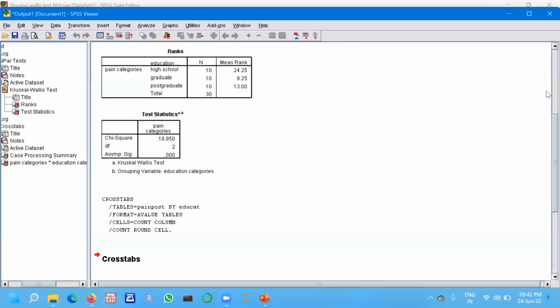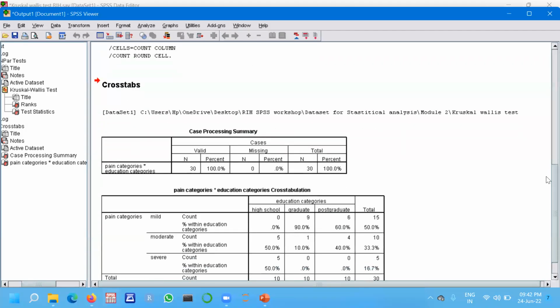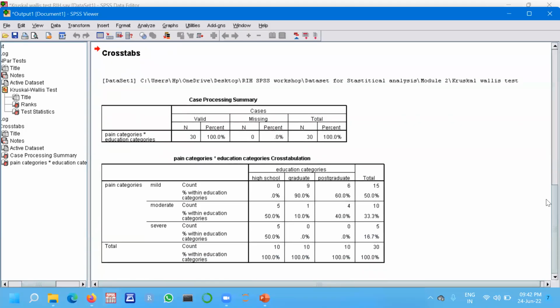Okay. Now let us see which group, high school group or graduate or postgraduate, is having more pain or less pain. Okay. See, mild pain is mostly, so 90% mild pain is in graduate, 60% mild pain in postgraduate.